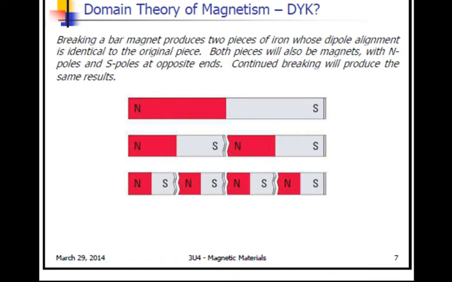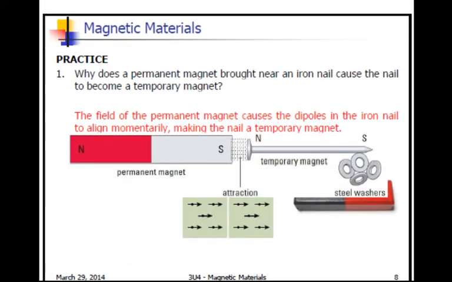Because once that's broken, the dipoles at the newly created south pole will, I guess you could say, be attracted to the new north pole, so the magnets would kind of stick together. But if you separate them far enough, you can then point the south pole at the south pole, which would repel each other. So that's what happens when we break a magnet in half, a bar magnet specifically.